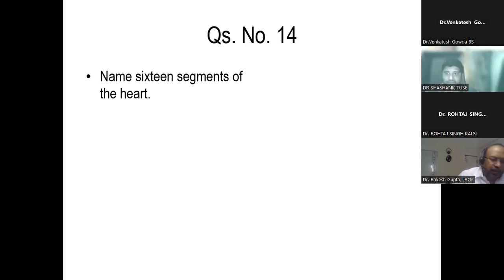Dr. Subhash Chandra from Agra. Dr. Subhash, tell me the 6 segments of the 2-chamber view. Apical inferior, mid inferior, basal inferior. Then apical anterior, mid anterior, and basal anterior.